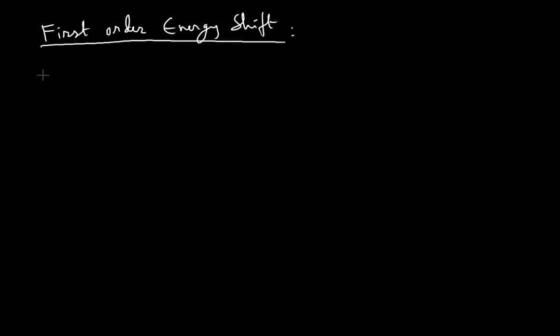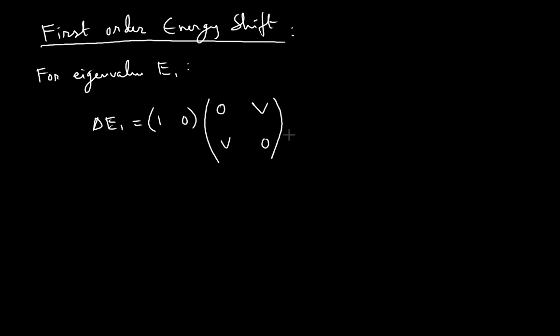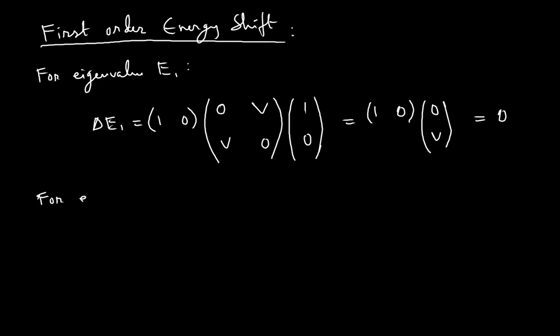For eigenvalue E1, we have delta E1 equal to (1, 0) times the matrix (0 V; V 0) times (1, 0) again. The result is (1, 0) into (0, V), and the overall result is 0.